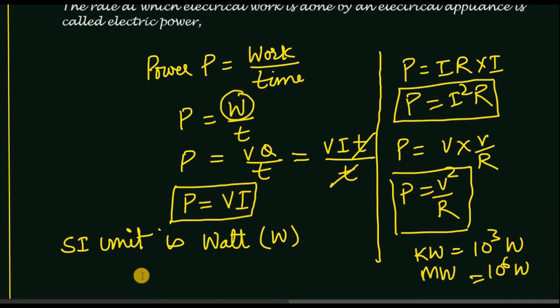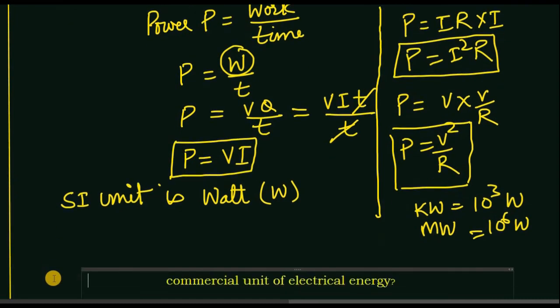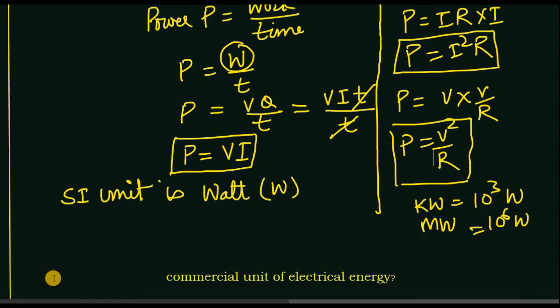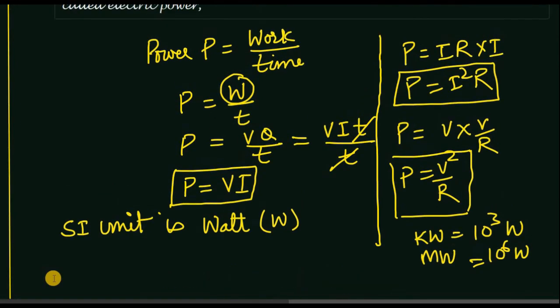In examination, numerical based on these formulae can come in your exam, but sometimes the definition of unit of power can be asked. Define unit of power, or what is 1 watt of power, define 1 watt. In any form it can be asked. If it is asked define the unit of power, then you have to write the definition of watt.